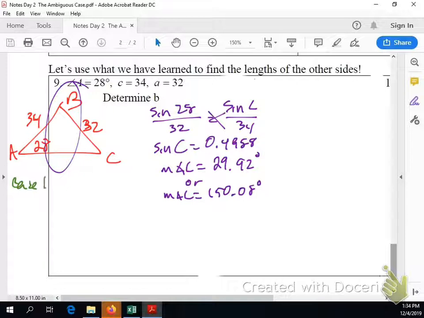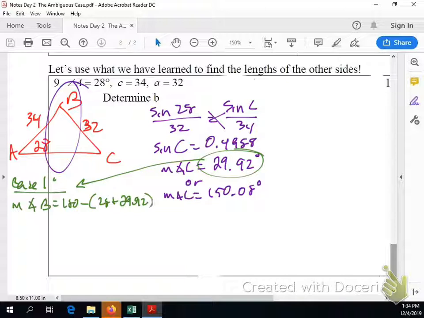So, case 1, where angle C is 29.92. That means the measure of angle B will be 180 minus 28 plus 29.92. We get 122.08.